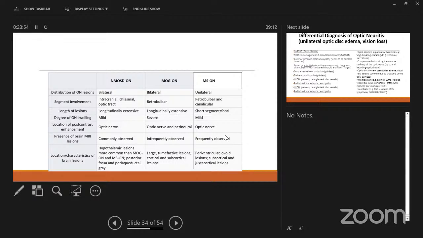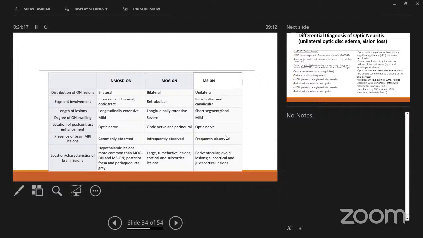Like a patient comes with optic neuritis, do you advise the antibodies for all patients? No, not all patients, sir. First MRI is advised, and then based on the location and the various characteristics of the MRI, we can further prescribe.